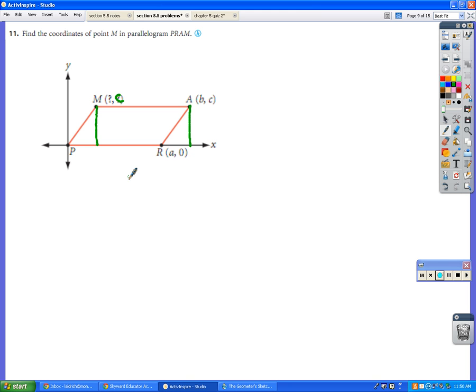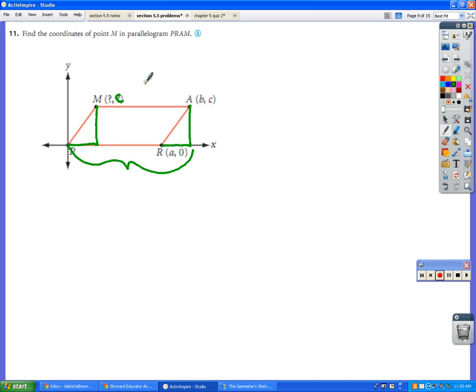So for our x coordinate here, we need to find out what this distance would be right there, okay? How does that distance compare to another distance on the diagram? Same as from here to here, right? Okay, well, how do you find this distance? How far is it all the way from the origin to here? What letter gives me this distance?